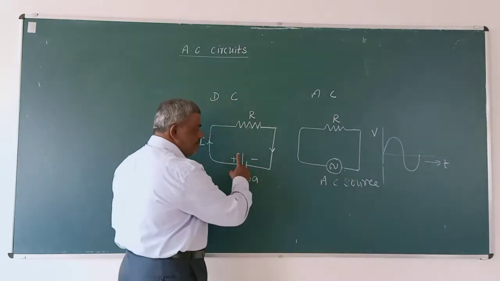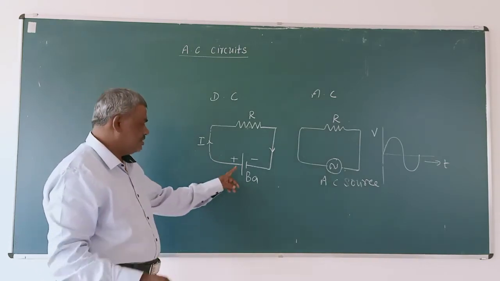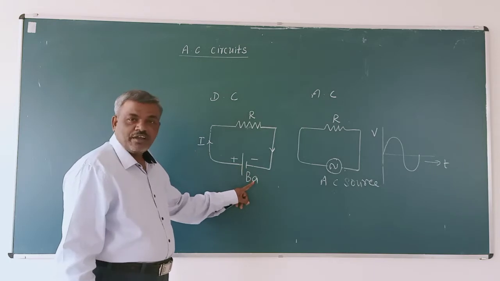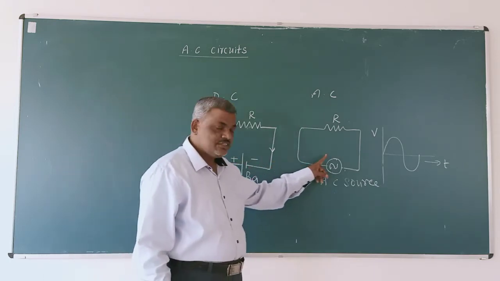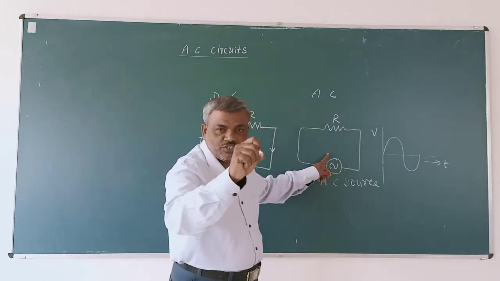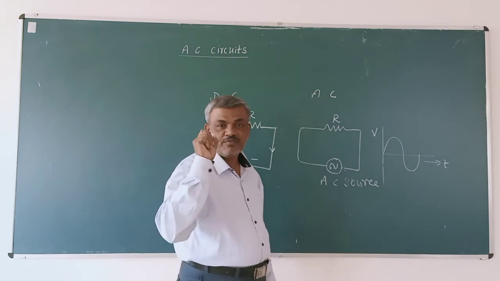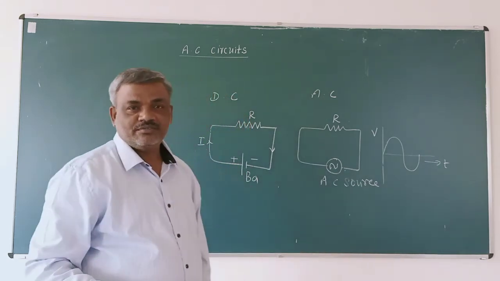This is the main difference between AC and DC electrical circuits. In a DC circuit, you must mention polarity and also show the direction of the current. In an AC circuit, do not mention polarity or the direction of the current.